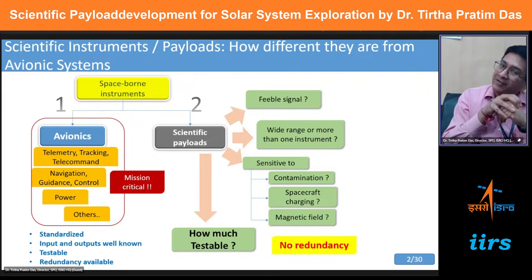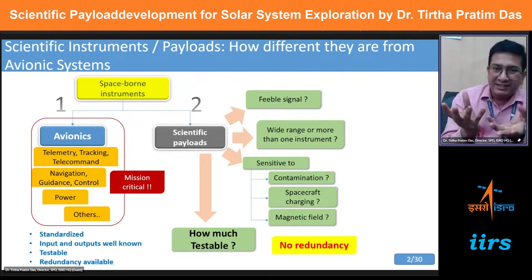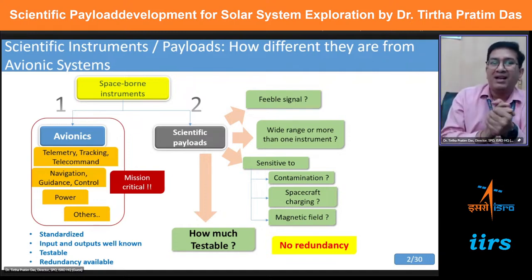And the scientific instruments may be very sensitive. It may be sensitive to contamination, like dust contamination, contamination with respect to grease, or some other gas molecules. It may be subjected to the spacecraft charging, which is also detrimental to some of the instruments which basically measure the fields.